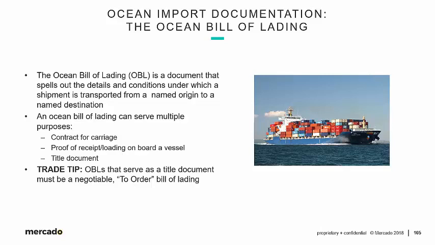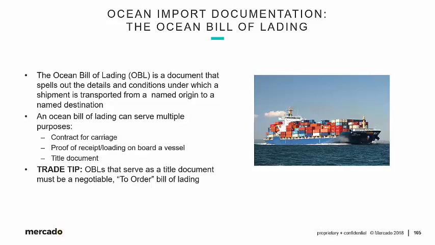Third, and this is a little bit more obscure, dating back literally hundreds of years to the earliest days of maritime transportation, a bill of lading can be a title document if it's filled out the right way. And that means that whoever is in possession of that original ocean bill of lading holds title to the goods. They are the owner based on possession of that ocean bill of lading.